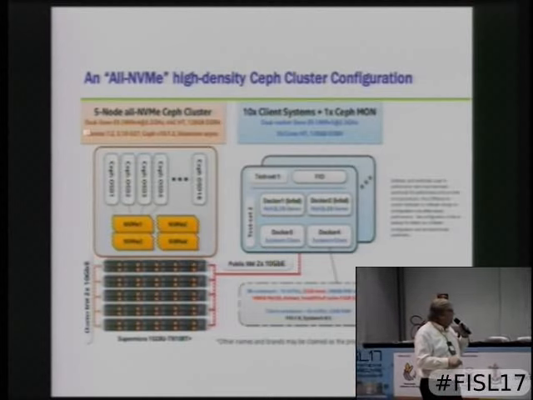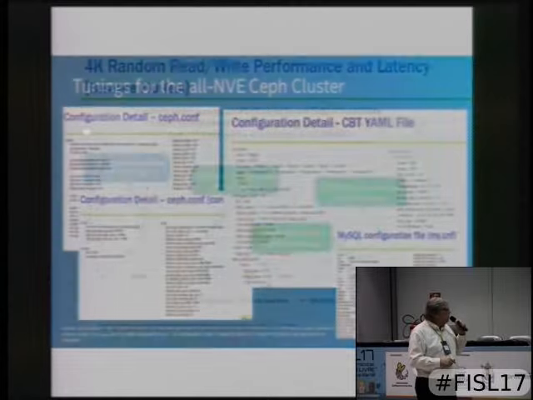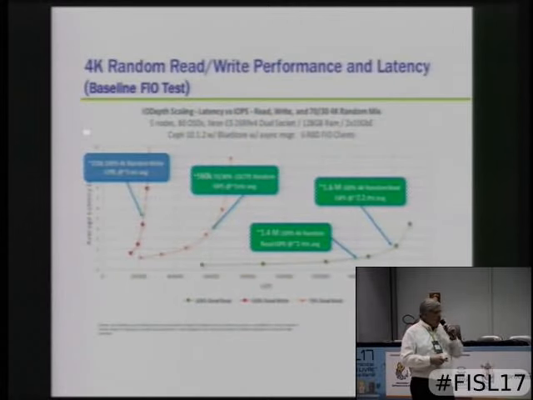So here there are 5 servers, and in each server there are 4 NVMe SSD, and because it's PCIe, we can point multiple Ceph OSDs at each NVMe device, which is what we did, and the performance is pretty good.